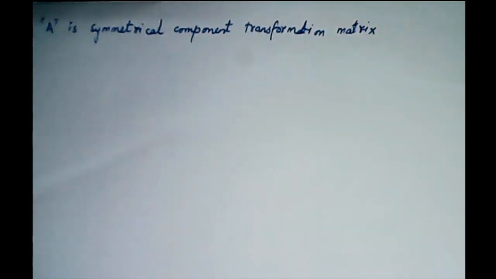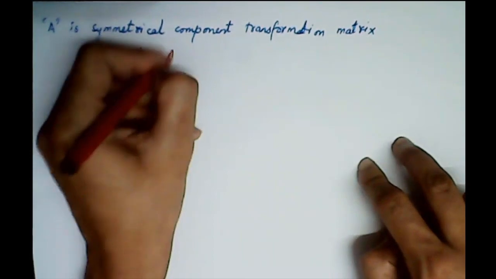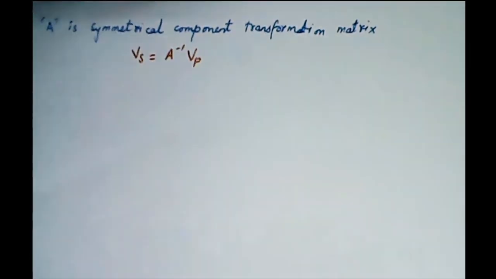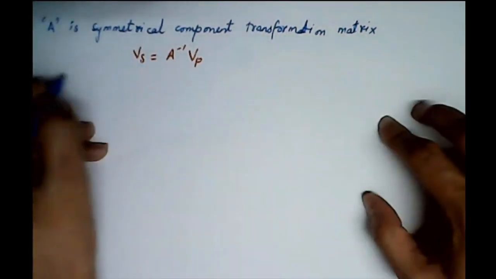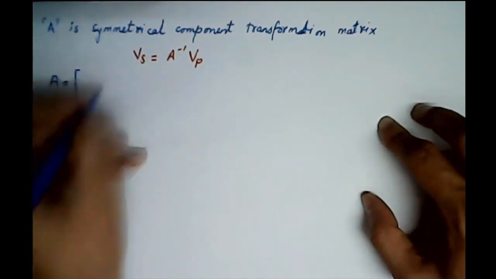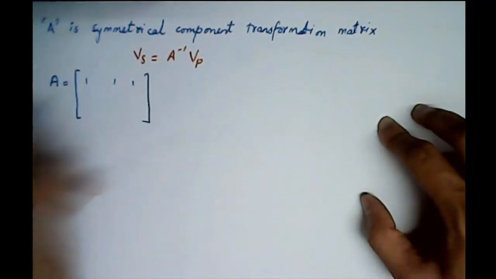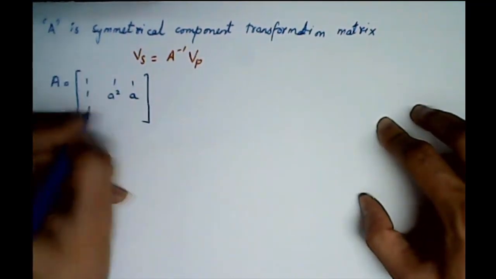Right. So now we can do the reverse also. Vp equals A times Vs, which means Vs will be equal to A inverse of Vp. For matrix A, we already know A is equal to 1 1 1; 1 a square a; 1 a a square.